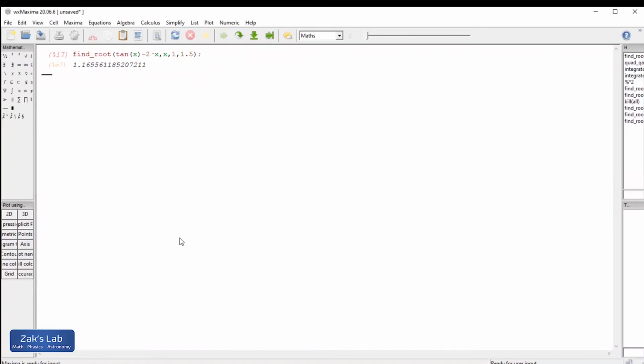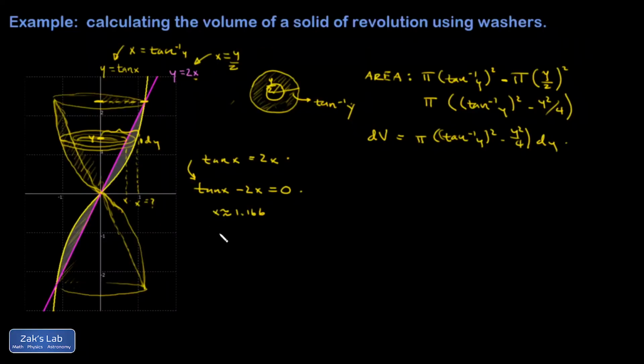I'll just do it in Maxima just because I have it open. Percent just means the previous output, so I said take that thing and multiply it by 2, and I get 2.331. All right, so that's going to be the end of my integration interval as I add up all these washers.